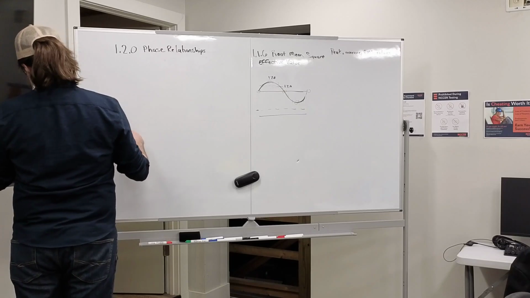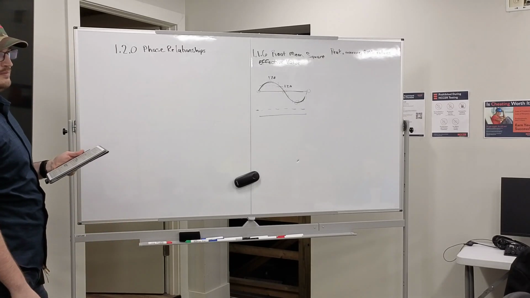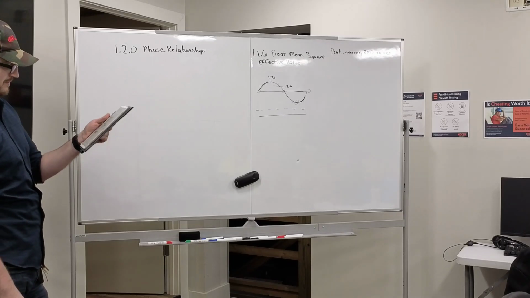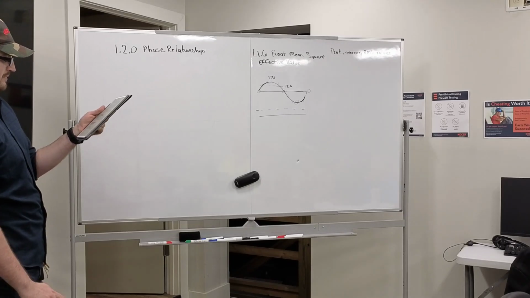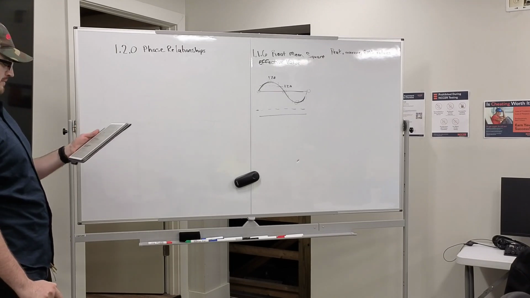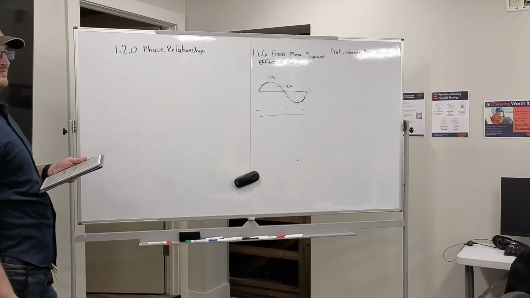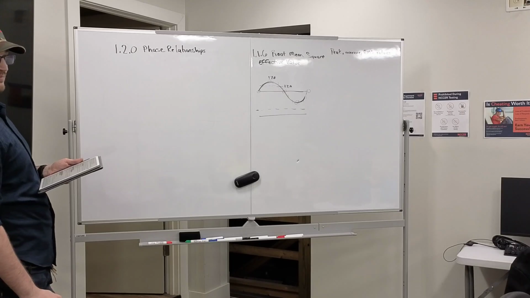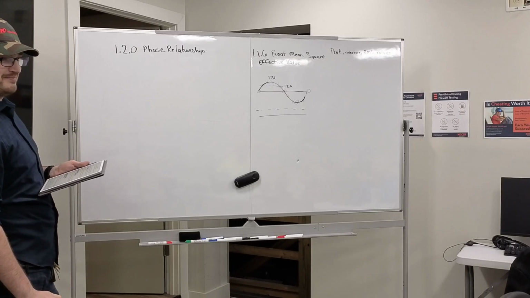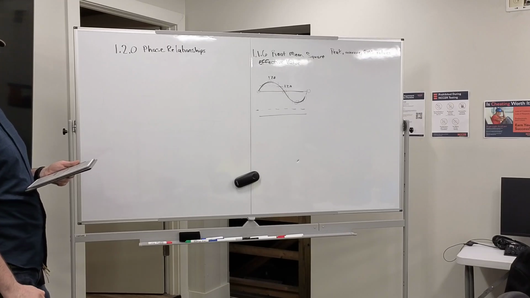All right. With AC, phase is used in one of two ways. Name one. Aiden? I don't know. Can I guess? Sinusoidal and non-sinusoidal? No. Is that like single phase, double phase, or triple phase?